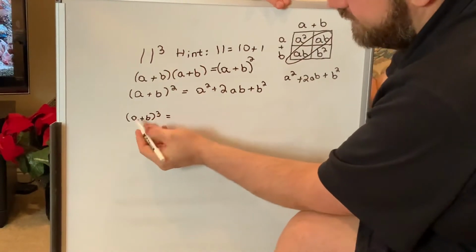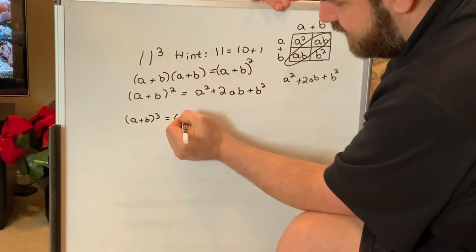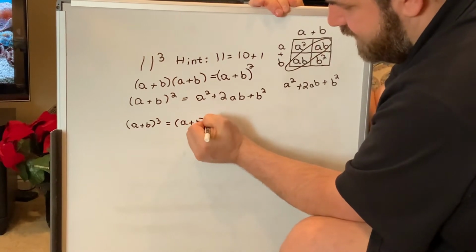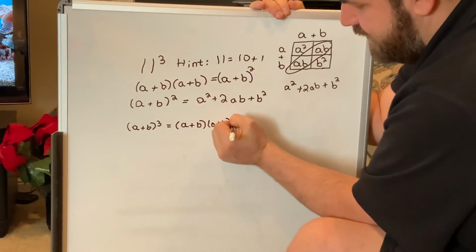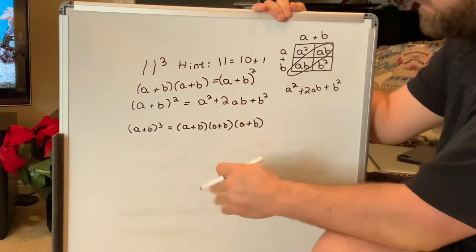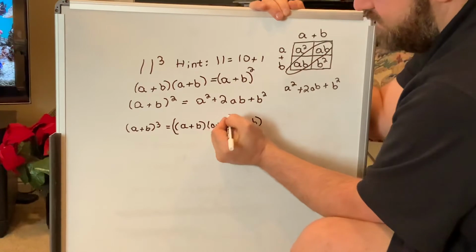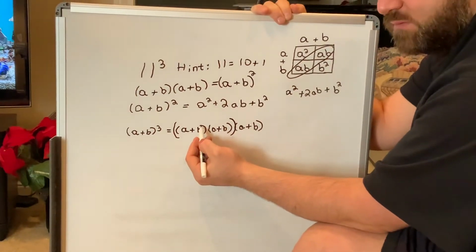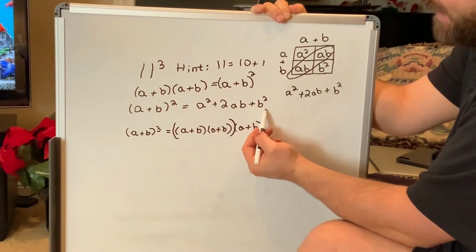A plus B cubed is really just A plus B times A plus B times A plus B. Well, we've already dealt with this. We already know that A plus B times A plus B is just A plus B squared, and we've already learned how to expand that binomial.